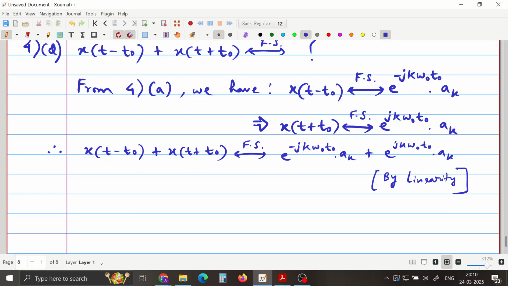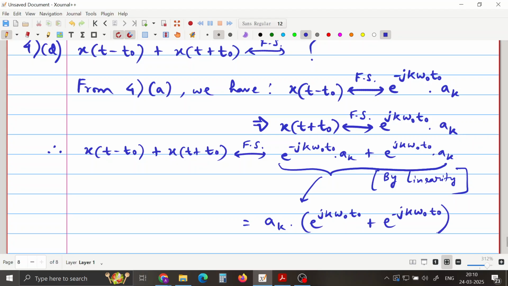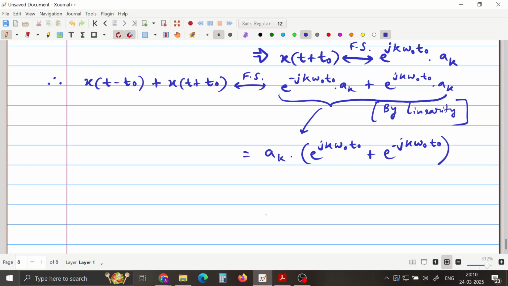And now can I simplify this further? Let's see. This whole term here, I can actually take a_k common. So this is a_k times e power jk omega naught t naught plus e power minus jk omega naught t naught. And again, this is a familiar expression, because we can express this as a cosine function.